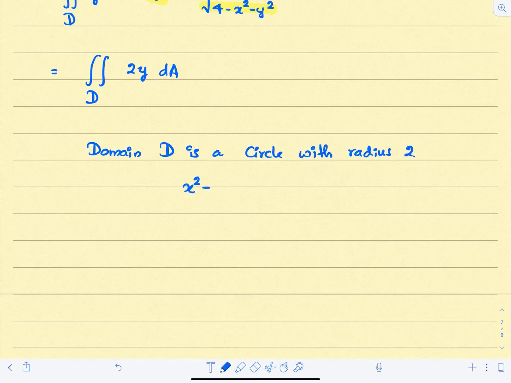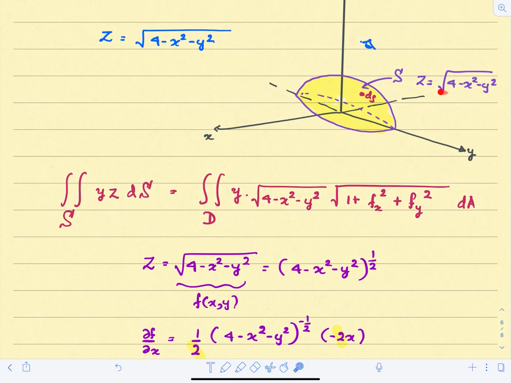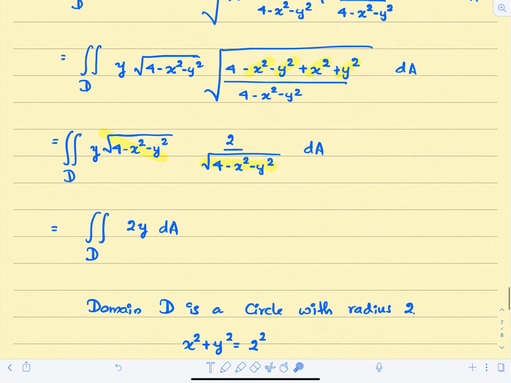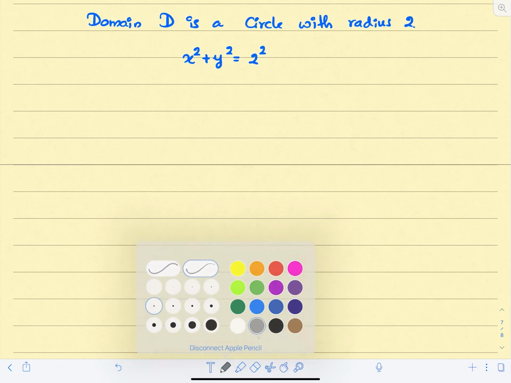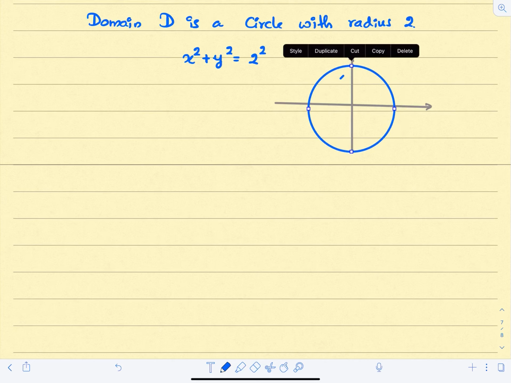So it should be x squared plus y squared equals 2 squared. You can get the same equation by substituting z equals 0 into this equation. This is x squared plus y squared equals 2 squared.